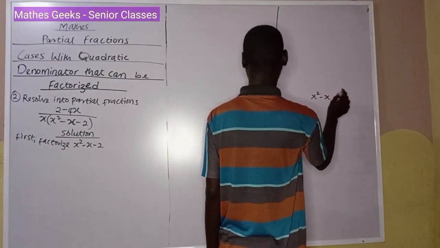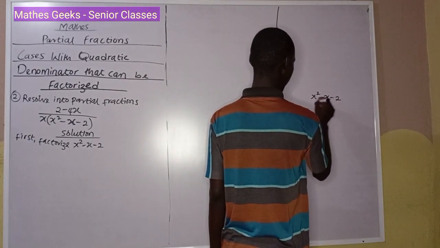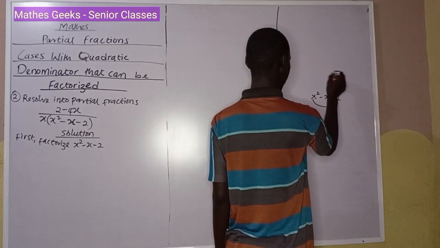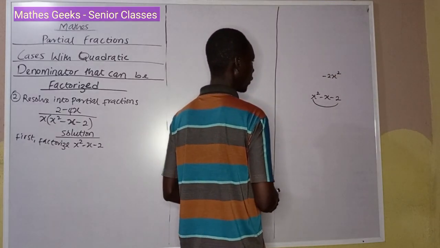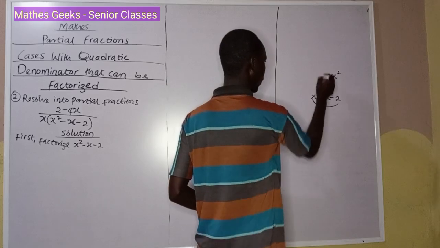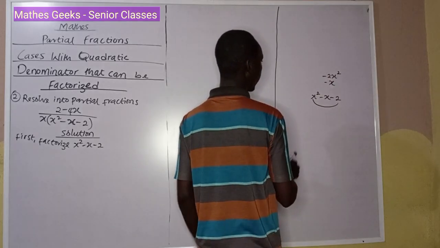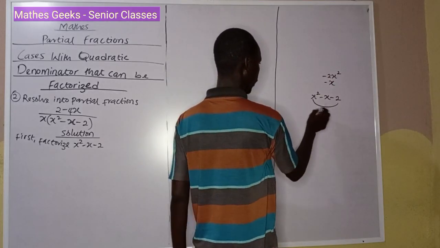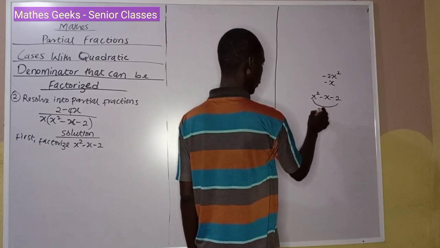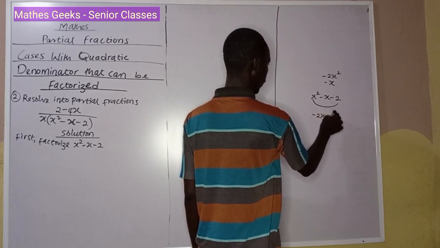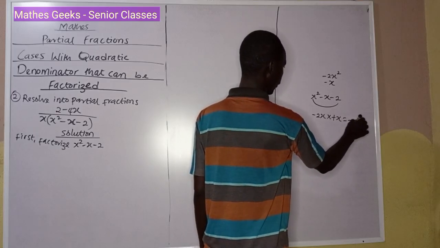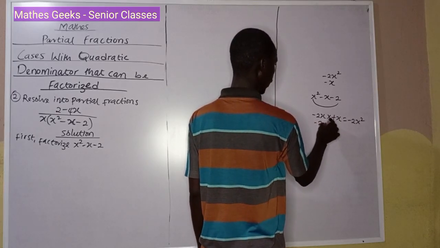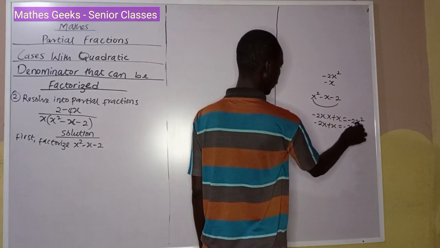Two factors we multiply together will give us minus 2x squared, and when added together will give us minus x. So that will give us minus 2x times plus x. Minus 2x plus x will give us minus x.